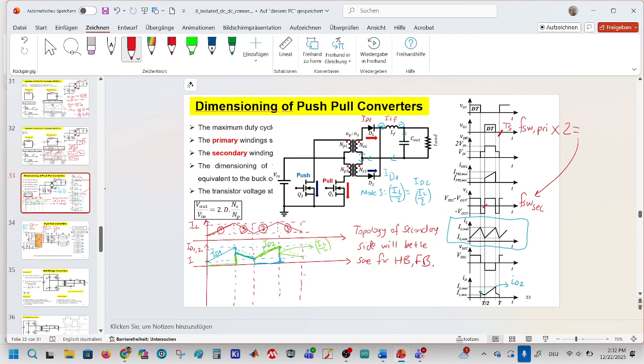We just change the primary side, the topology of primary was changed.